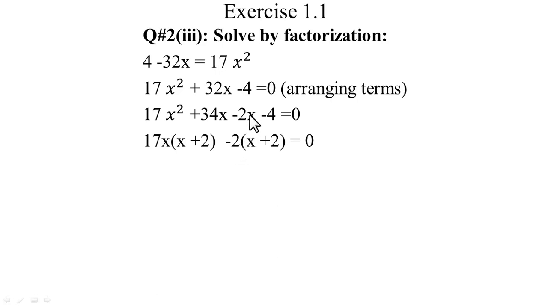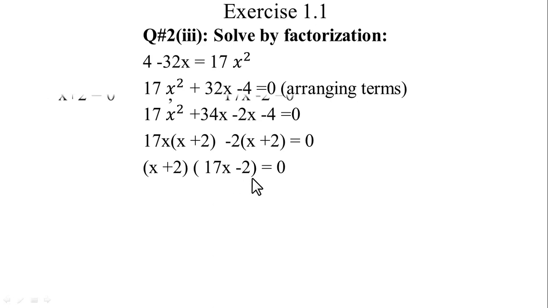Here minus 2 is common, then x plus 2, since minus 2 times 2 is minus 4. Here 17x into x plus 2 minus 2 into x plus 2. x plus 2 is common in both terms, then we have x plus 2 into 17x minus 2.